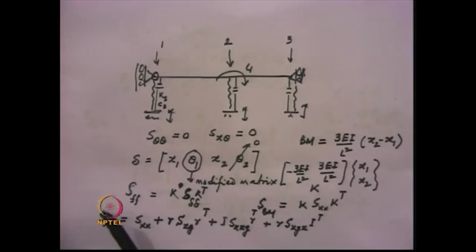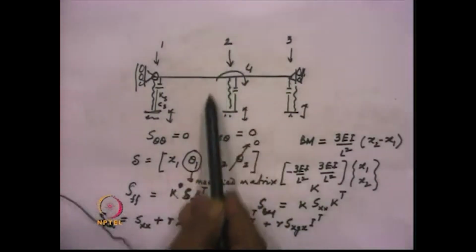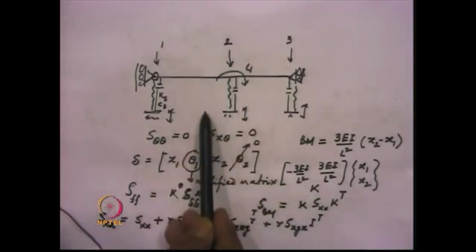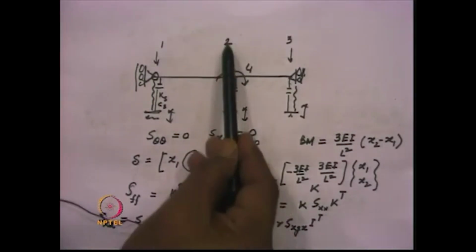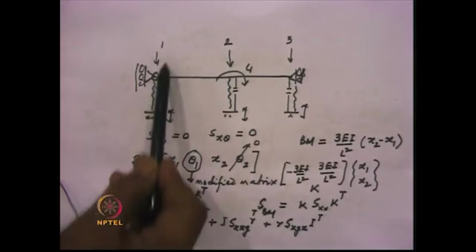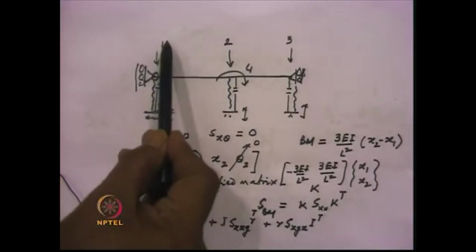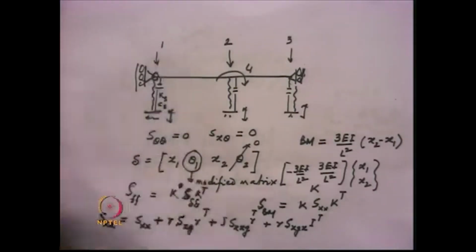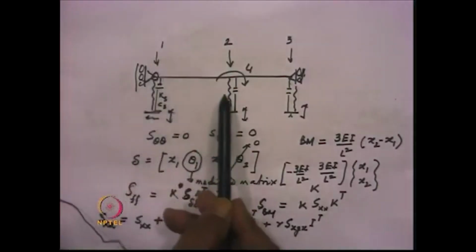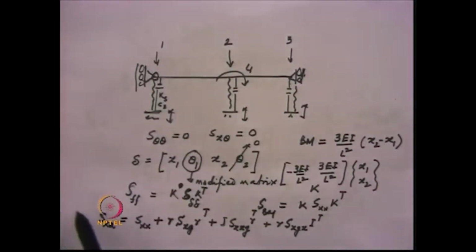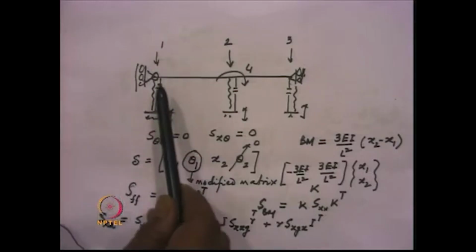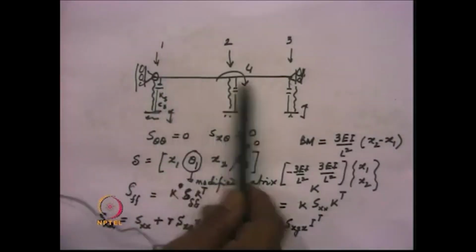In that case, what we have to do is find out the absolute displacement power spectral density function of point 2, and the power spectral density function of the absolute displacement at 1 must be known, and the cross power spectral density function must be known. Or in other words, we must have a power spectral density function matrix of the absolute displacements at the 1, 2, 3 degrees of freedom.